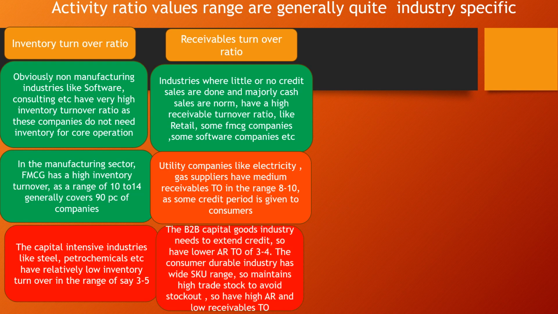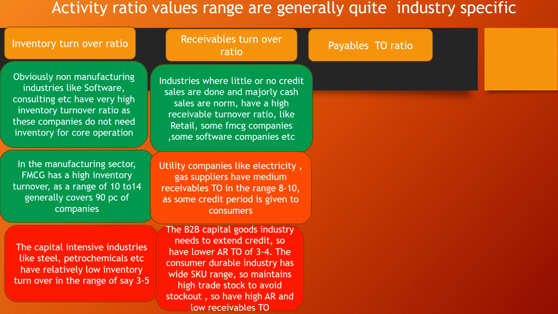The B2B capital goods industry needs to extend credit to the buyers, so have lower accounts receivables turnover ratio of 3 to 4 generally. The consumer durables industry has wide SKU range, so maintains high trade stock to avoid stock out. So have high accounts receivable and low receivables turnover ratio.